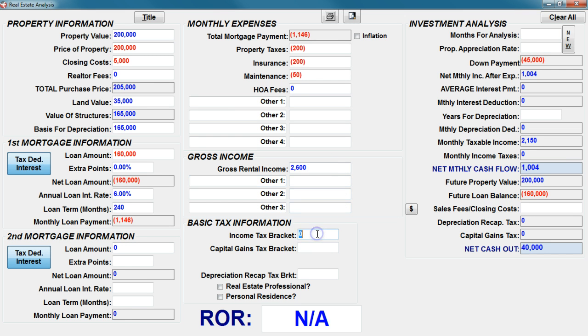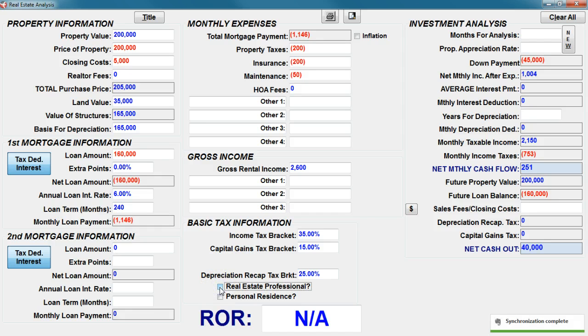Let's come down and also say that we've got a tax bracket. Let's say that we're in the 35% on our highest level. Let's say that capital gains taxes are at 15%, and that depreciation recapture is at 25%. Now in this case, I'm not going to check off that we're a real estate professional.